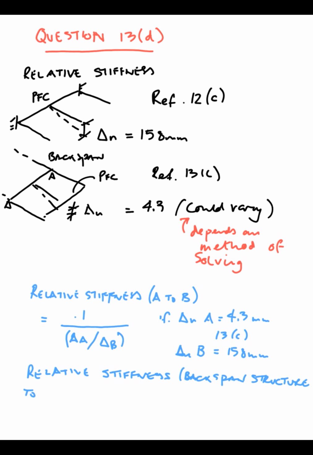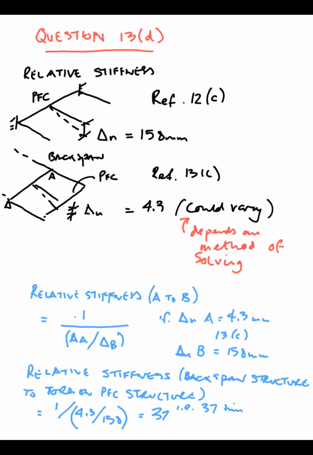B is the previous system with the PFC fascia, and the relative stiffness of the backspan to the PFC fascia is 1 over 4.3 divided by 158, and that gives you 37. In other words, the backspan system is 37 times stiffer than the fascia PFC original from 12A.